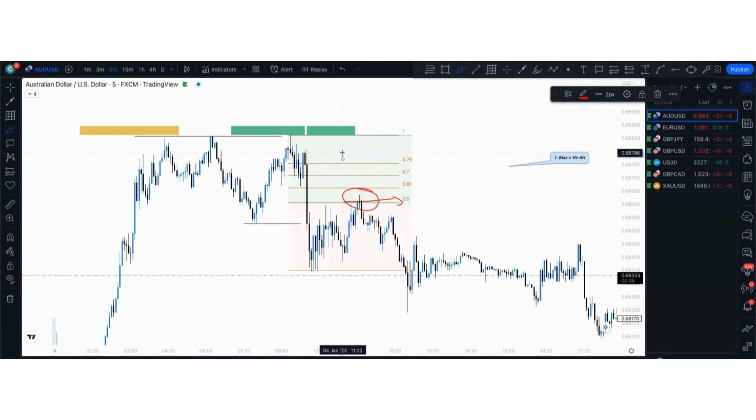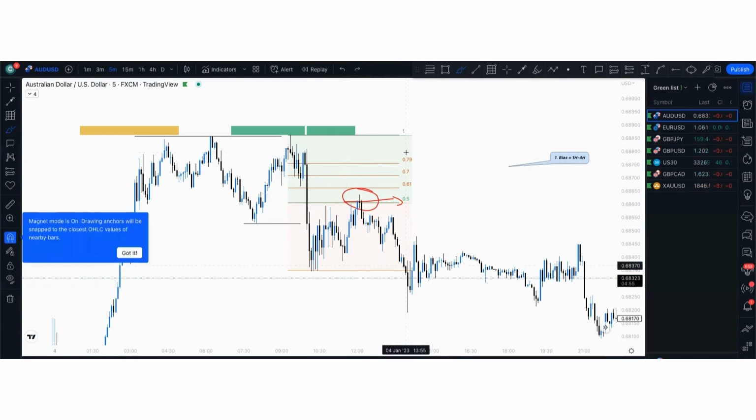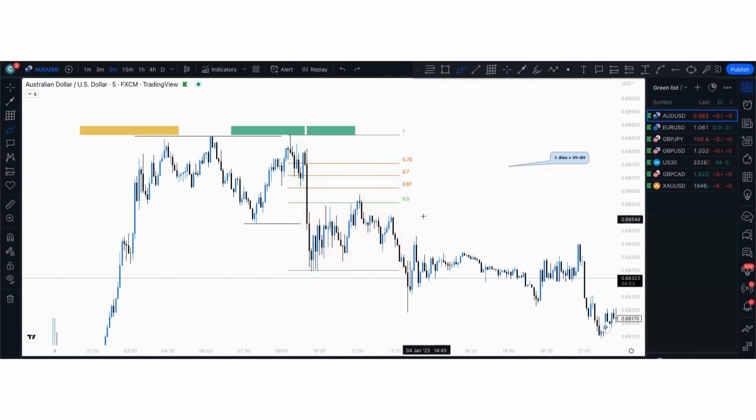So this green area is a premium area, where we only sell if the price is within the premium area. So that's one thing. Getting some Fibonacci on this zone, because I'd like to check the Fibonacci area, because this one is significant for me, because it broke this structure.